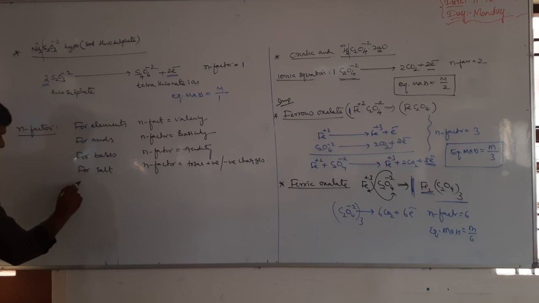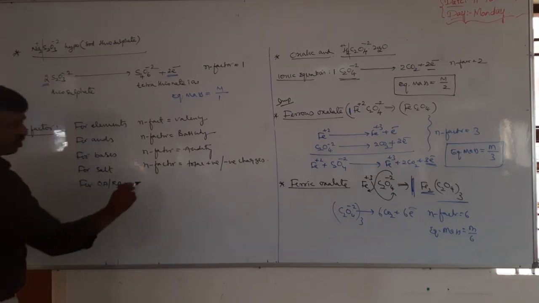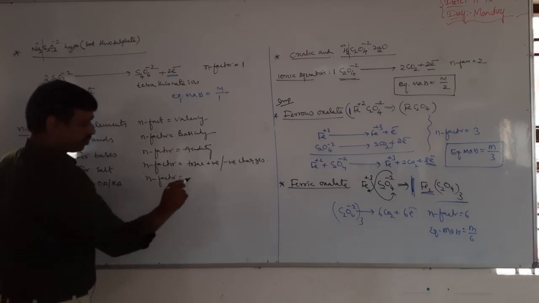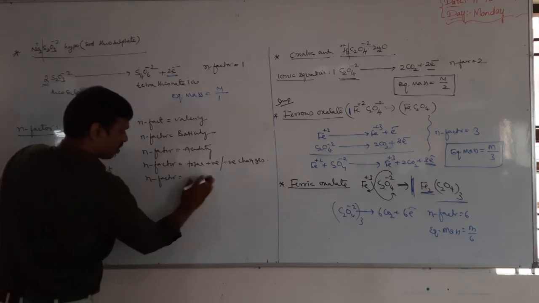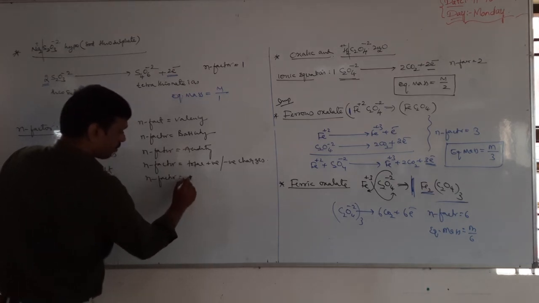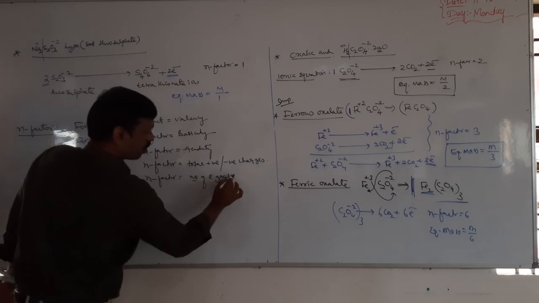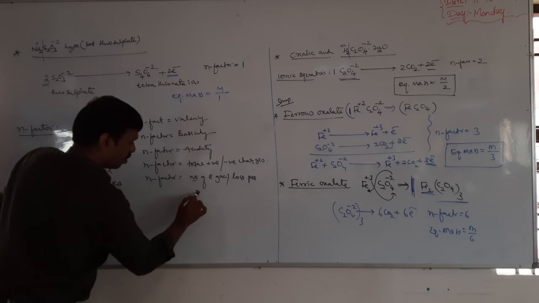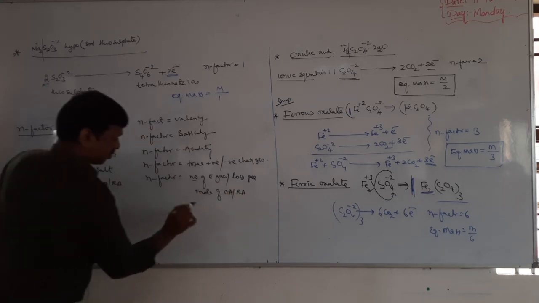Next, for oxidizing or reducing agents, n factor equals the change in oxidation state, or else the number of electrons lost or gained per mole of oxidizing or reducing agent.